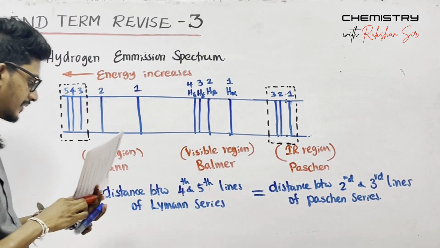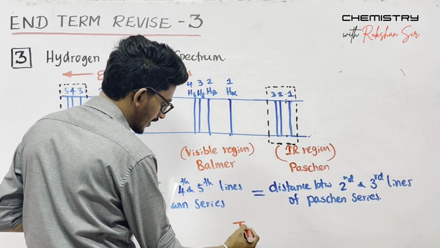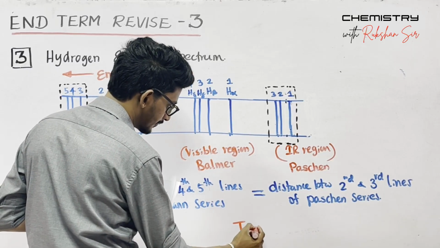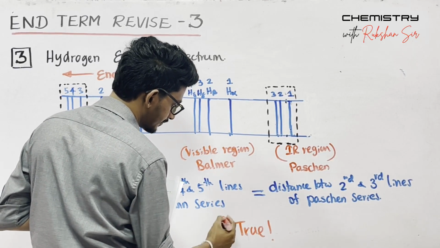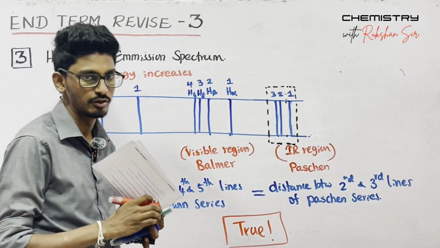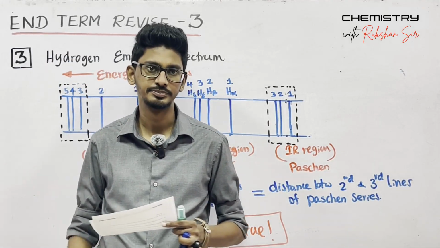So the statement can be taken as a true statement. So your statement number 3 is true. Statement 3 is true, right? So that is the review for the statement number 3.